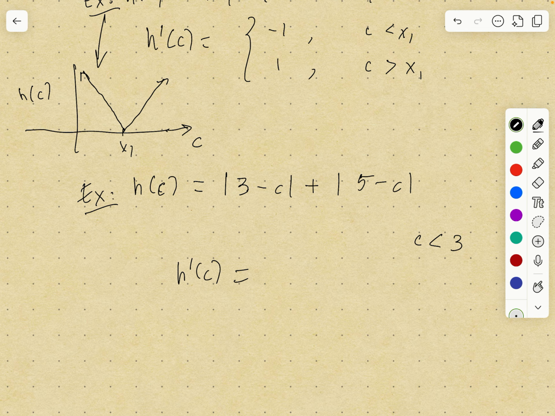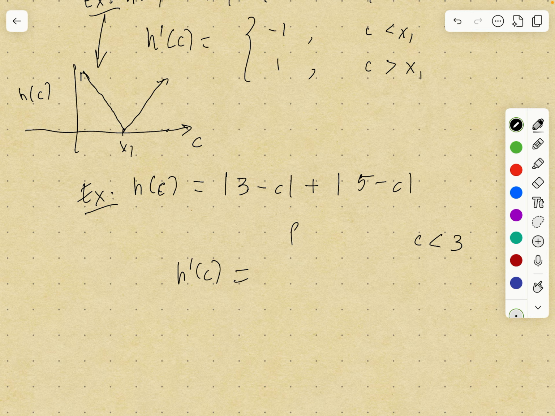When you look at the absolute value of 3 minus c, the derivative is going to be -1, because we just saw that when c is less than 3, the derivative of this first term is -1. And for the same reason, the derivative of the second function, the absolute value of 5 minus c, is also -1.